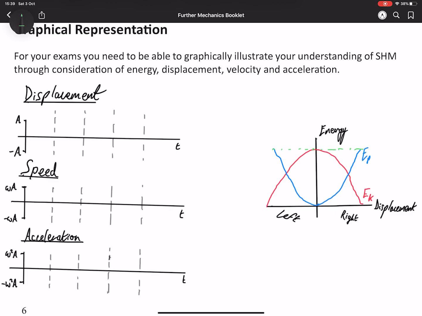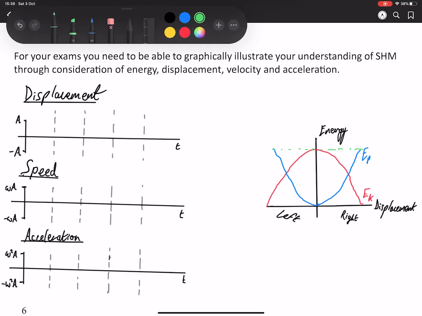Now, moving from this, we need to look at the motion graphs. Now you can see that there are some grey lines dotted on each of these that are lined up. Each of those represent the same amount of space on each of these curves. Now, generally, the y-axis has a positive maximum and a negative maximum.